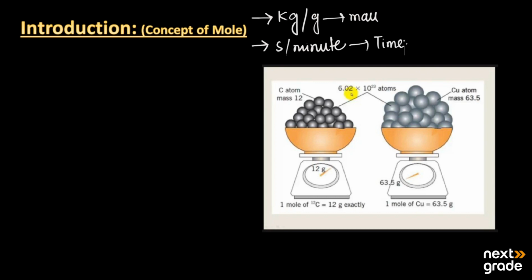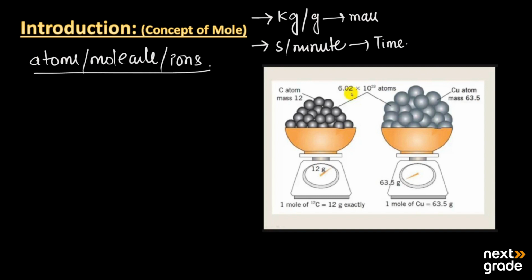So, in chemistry, it was the basic or the big task of the different scientists how we can measure the atoms, how we can measure the molecules, or how we can count the molecules, or how we can count the ions, as atoms, molecules, and ions are the particles present in a substance.